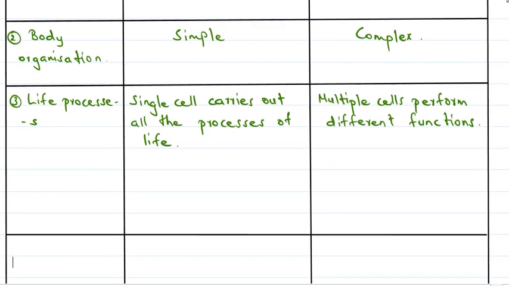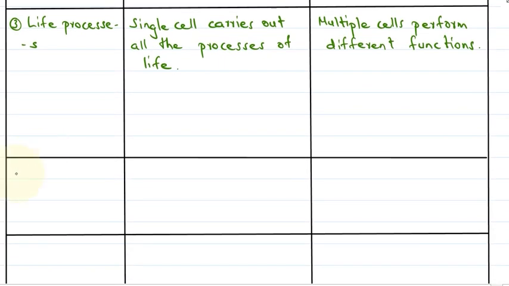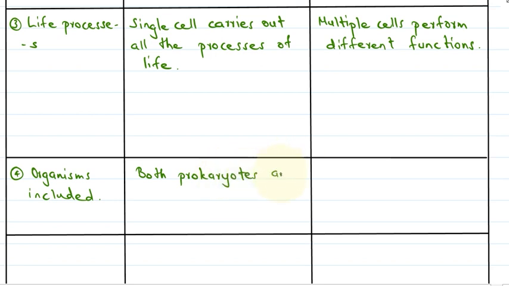Okay, then the next characteristic would be the organisms included. So in unicellular organisms, both the prokaryotes and eukaryotes can be included.